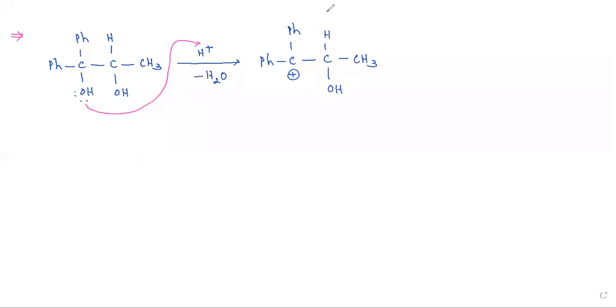Now the point is whether to go for 1,2 hydride shift or to go for 1,2 methyl shift. I mean CH3 minus shift. You know, this is where the migratory aptitude comes into picture.